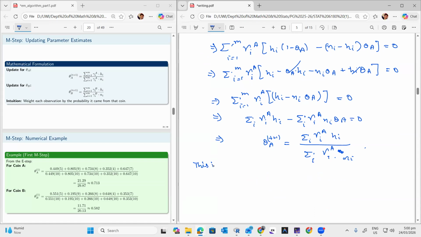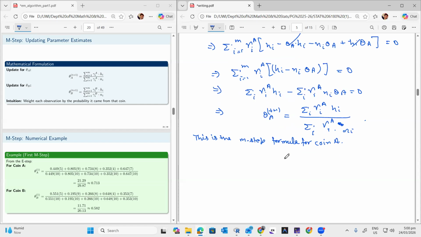So this is the M step formula for coin A. Okay. So now what are we going to do?